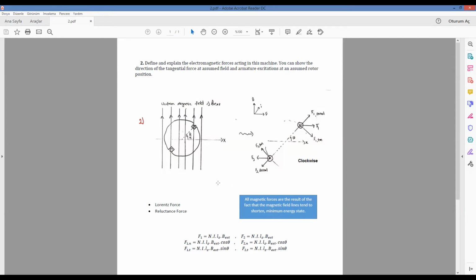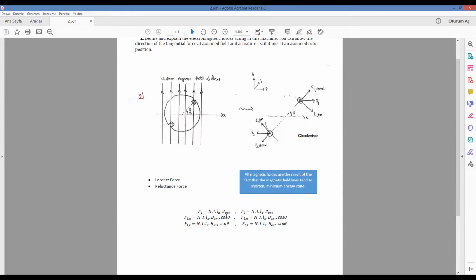As you can see, I drew the external magnetic field lines and took one loop of the windings. By the right-hand rule, this system rotates in the clockwise direction. If we want to calculate the Lorentz force acting on a current carrying conductor, we need to use these formulas.